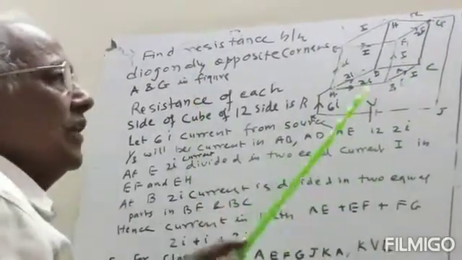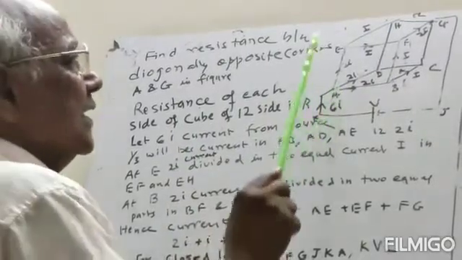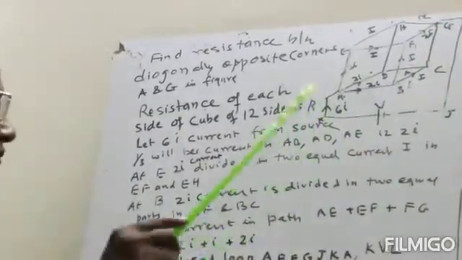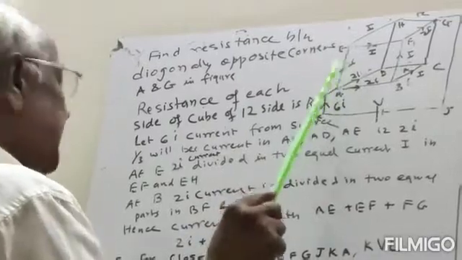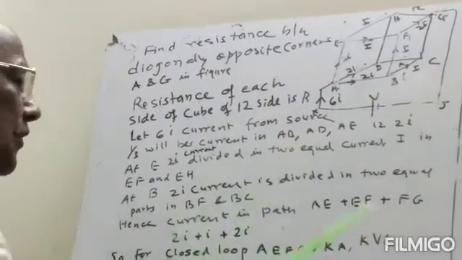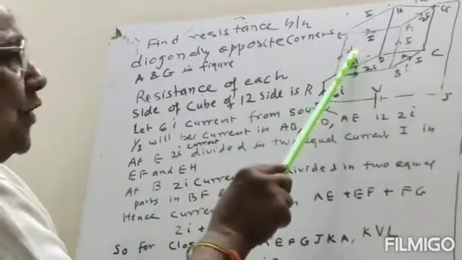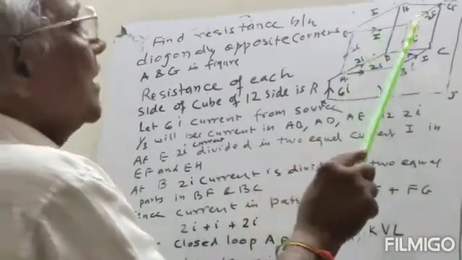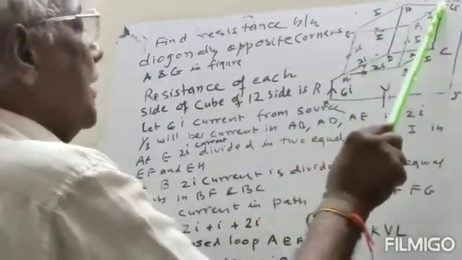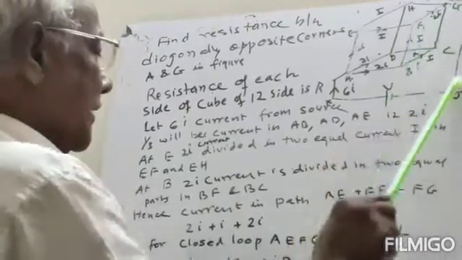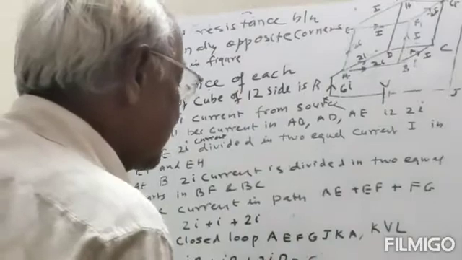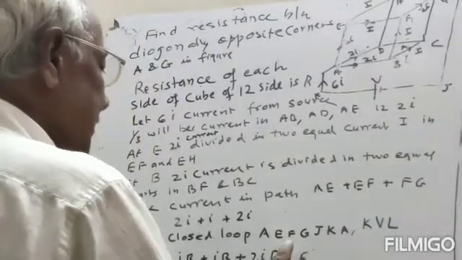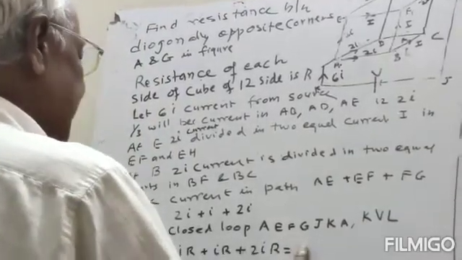So we will take only one circuit, which is A, E, F, G. So here the resistances are... for the closed loop we will consider 2I into R plus here current I into R plus here 2I into R, and this will be equal to V volt.